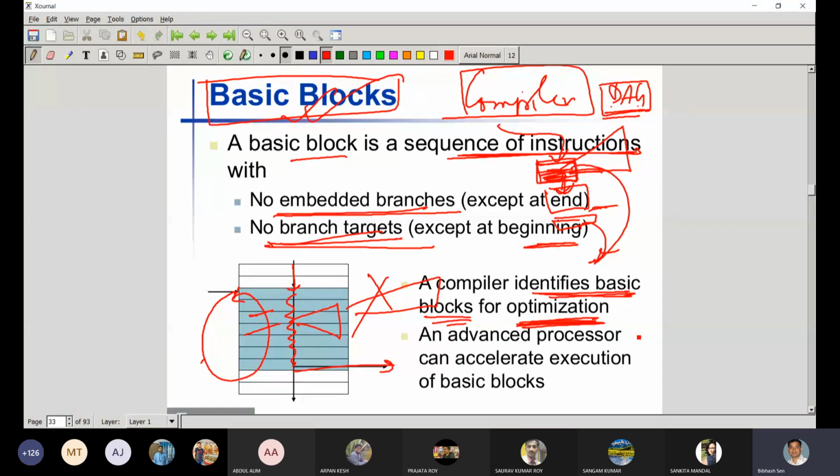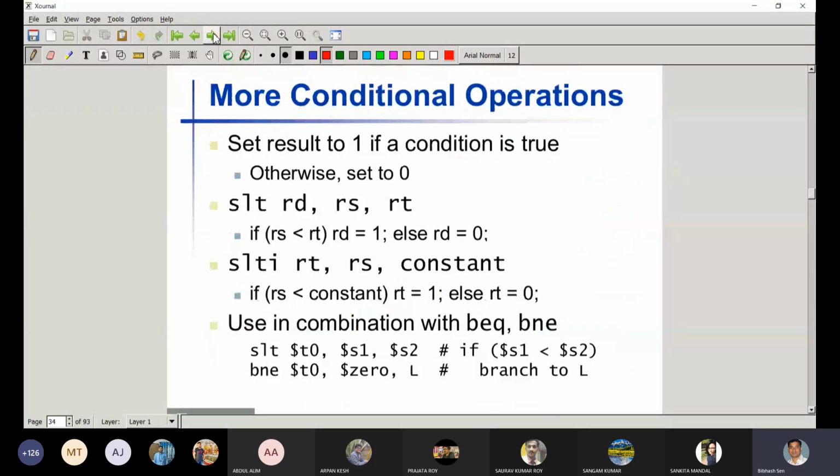Since a basic block encompasses only those instructions which are closely associated, and these two criteria are fulfilled, an advanced processor can accelerate execution of the basic block. Because there are fewer jumps and so on, it will be beneficial to all of us. Is this part clear?